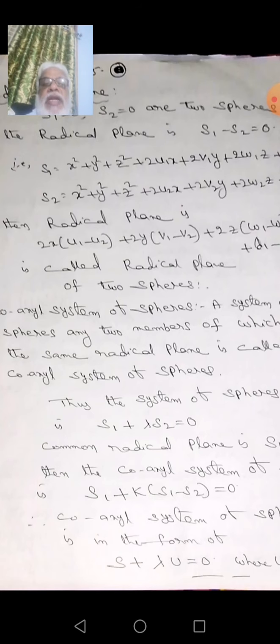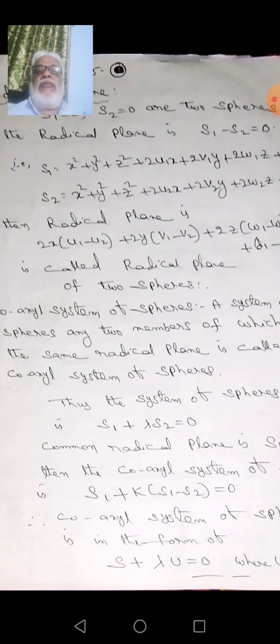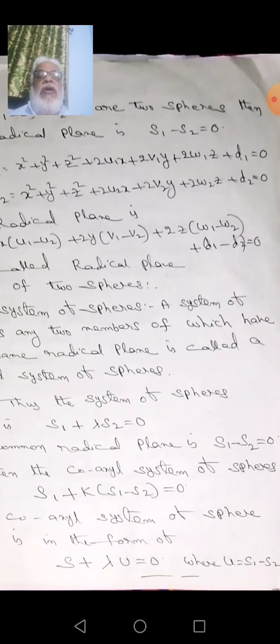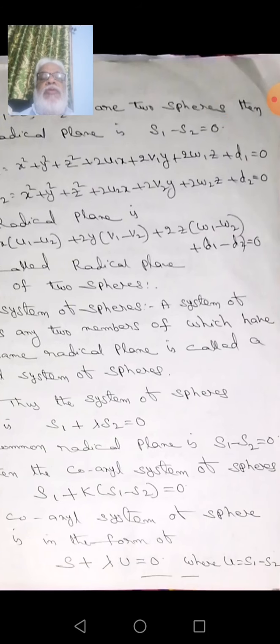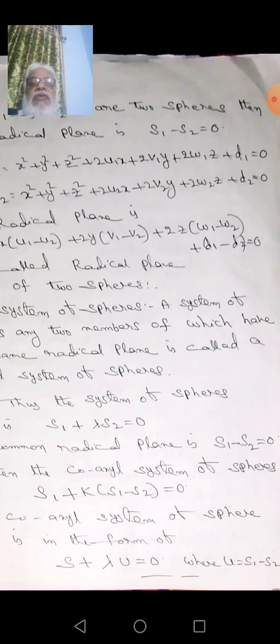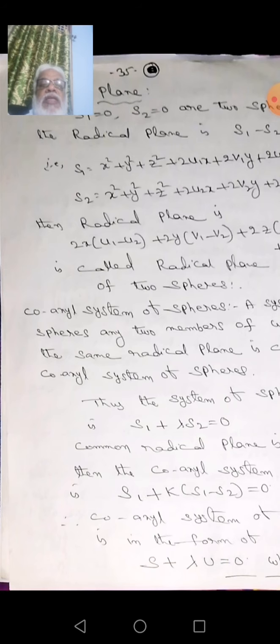So this is called the radical plane. Subtract these two sphere equations and we get this one; it is called the radical plane of two spheres.